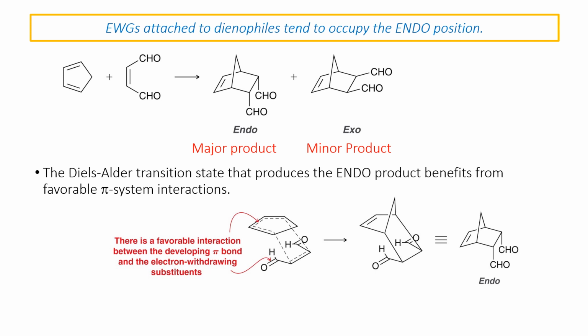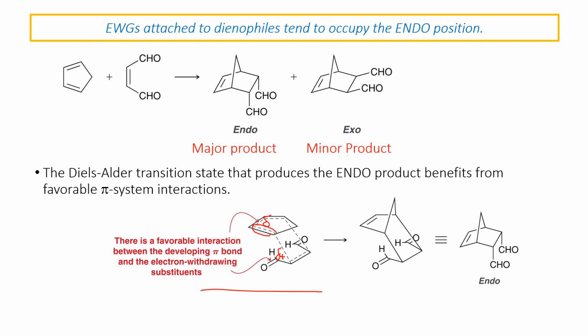If you look closely at this diagram below, you'll note that there is a favorable pi system interaction between the delta plus of your carbonyl carbon and the electron-rich diene.